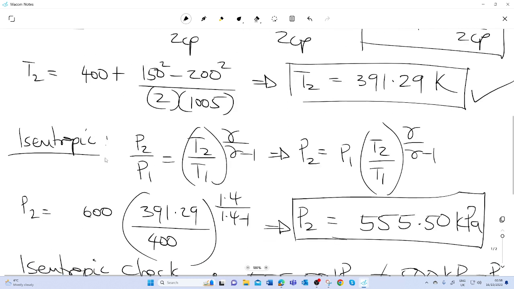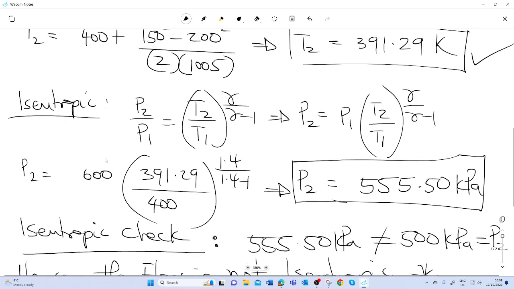Also, using the isentropic equation, P2 over P1 equals T2 over T1 to the power gamma over gamma minus 1. We can deduce that P2 equals P1 times T2 over T1 to that power, and by slotting in all the values, P2 equals 55.02 kilopascal.